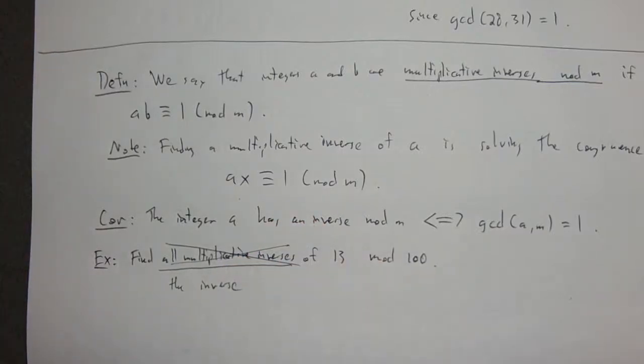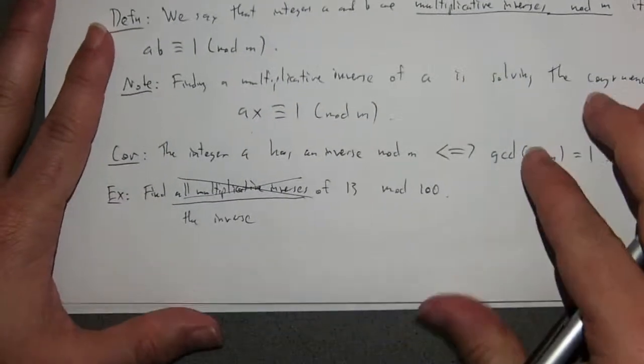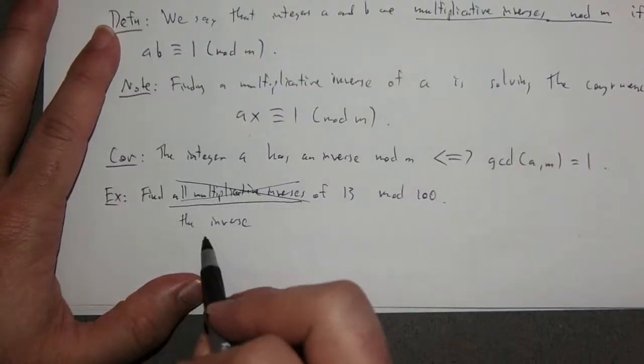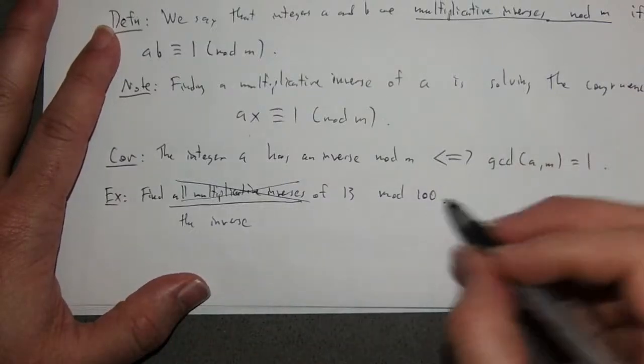So looking ahead, if you're wanting to show some fact about an algebraic structure supposedly defined by modular arithmetic, this is showing the uniqueness of inverses, right? Which is an important thing. Okay, so what is this? The multiplicative inverse of 13 mod 100.